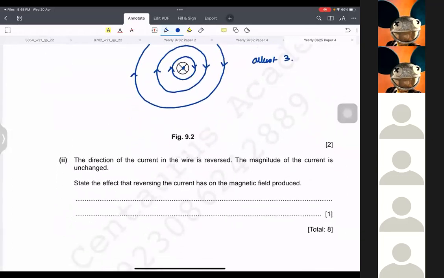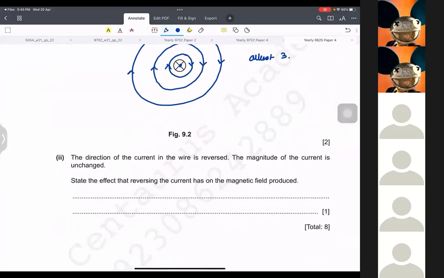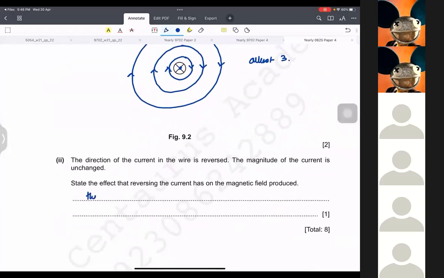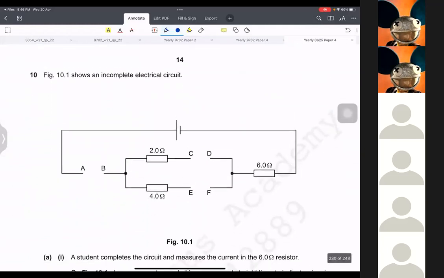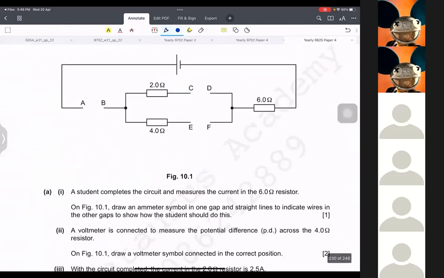If that is the case, then you should remember that the direction of field will reverse, but the circles will stay the same, because the magnitude just changes the strength and direction of current changes where the magnetic field is going to form.